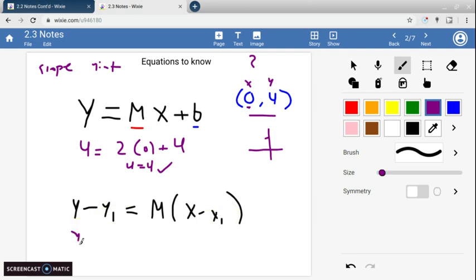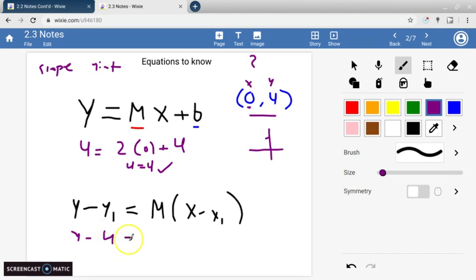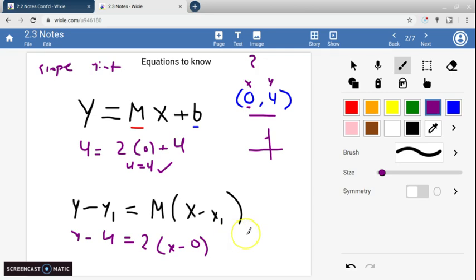So y minus the y1, which is 4, equals the slope of 2, times x minus 0. And that is what it is. Then you would distribute and solve, and since there's two variables right here, you would need to use substitution. But that's all I'm going to say. That's how you set up an equation.